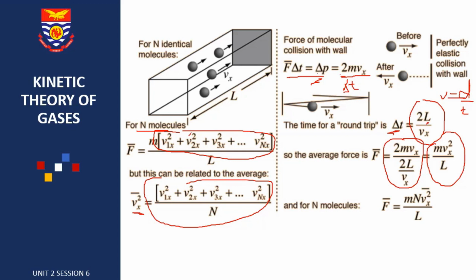If we do it in that case, we are going to get the n number of molecules times m times the average vx squared over big L. Nothing changes here. It's just this formula that we have transitioned, and it is the number of molecules in the container that changes it.